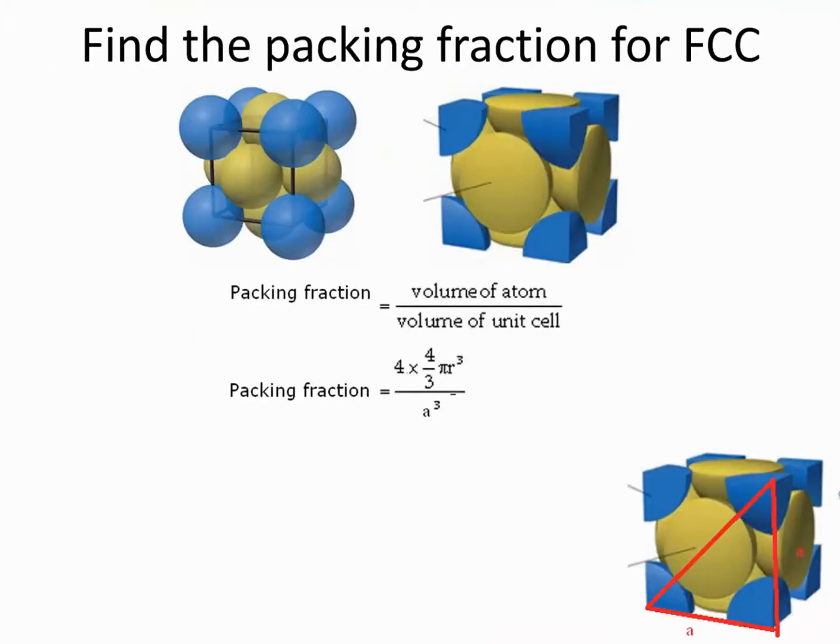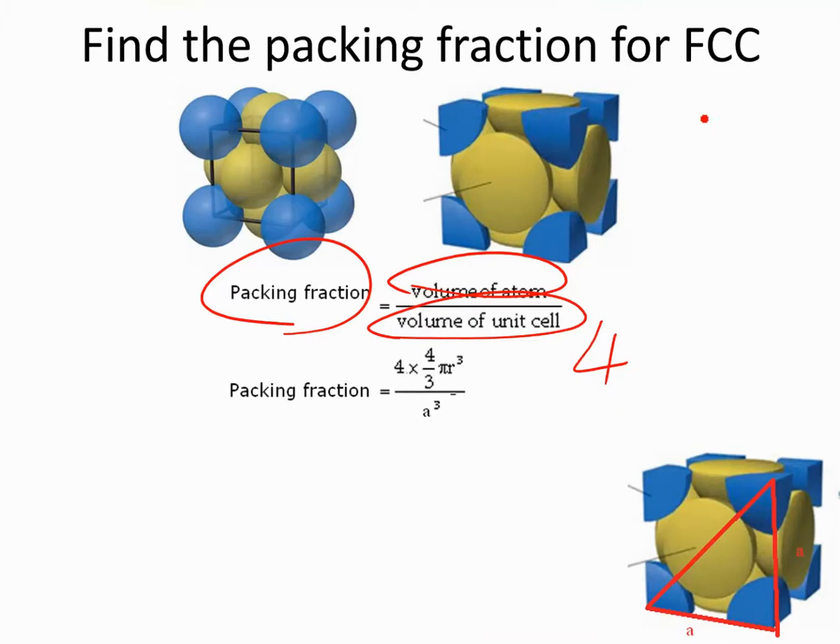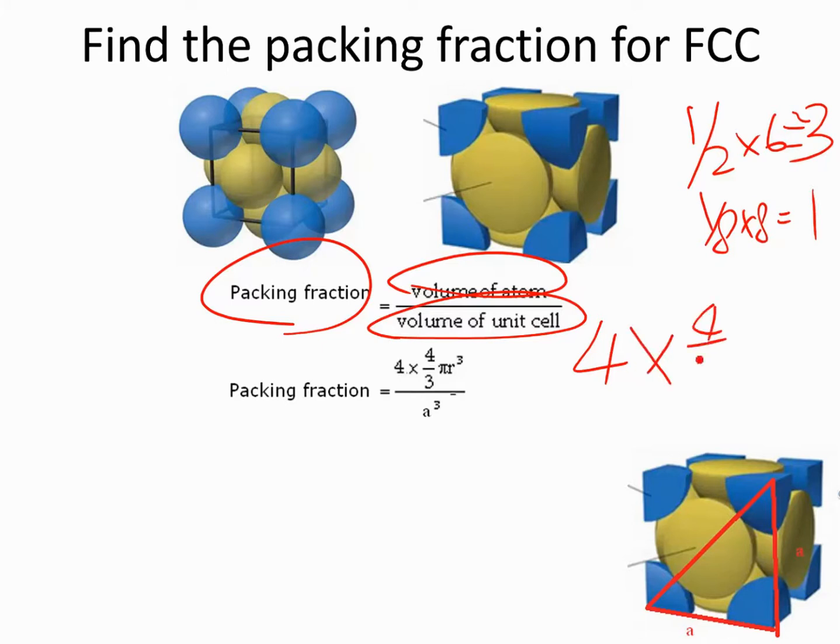So let's say I ask you to find the packing fraction for FCC. How to find it? The packing fraction equals volume of atom over volume of unit cell. Okay, the volume of atom is, there are 4 atoms, right? 1/2 times 6 equals 3, the face centered ones, and then 1/8 times 8 equals 1, the corner ones. So there are 4. 4 times 4/3 pi r^3 over the volume a^3.